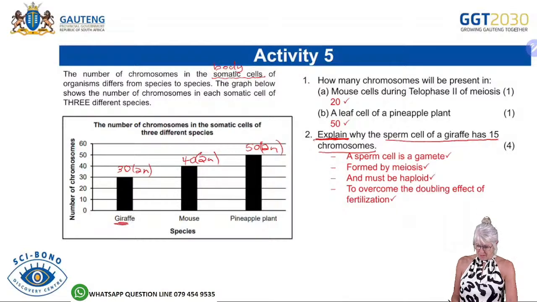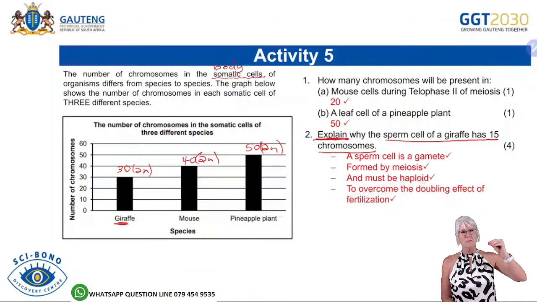on the memo. Firstly, because we're explaining, they're saying a sperm cell is a gamete. As soon as a cell is a gamete, it is no longer diploid, it is haploid. That gamete was formed by meiosis and must be haploid. The reason it must be haploid is that the sperm cell on its own is not going to become an offspring or an organism.